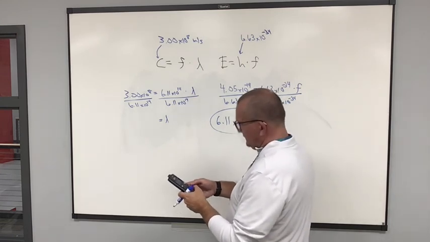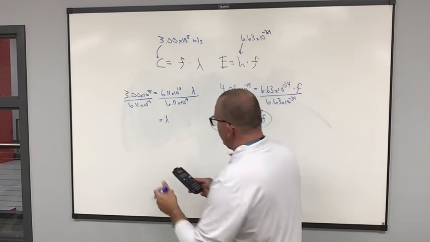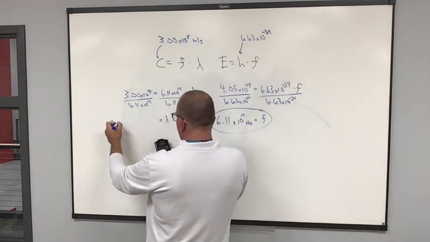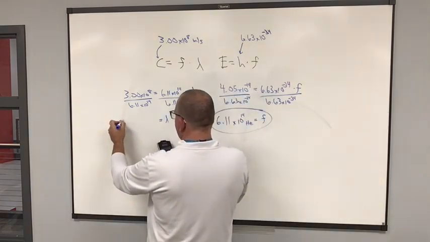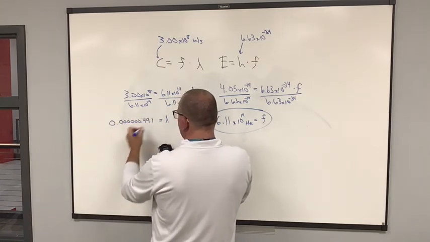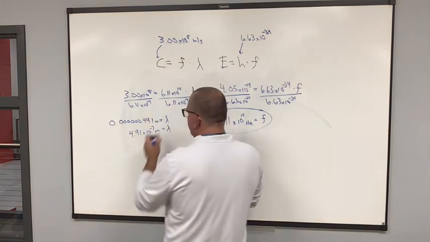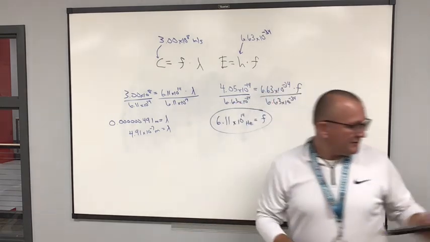Exponent 8 divided by 6.11 exponent 14. And again, we're going to get a really, really small number like we did before, 6 zeros. Same answer, and it's in meters.